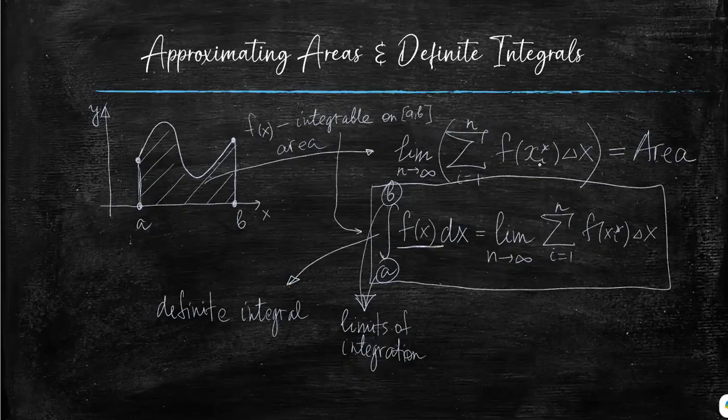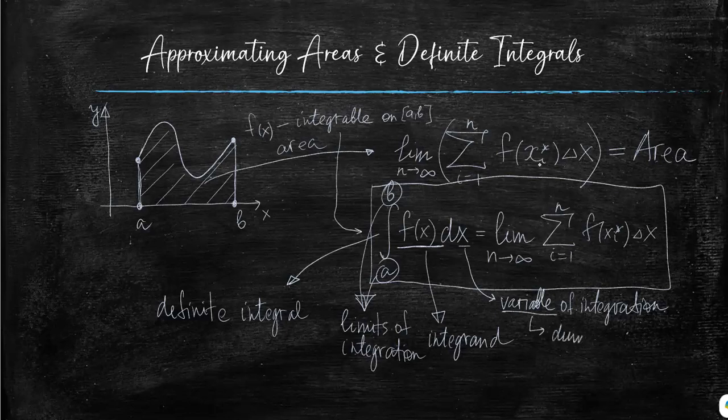Everything in between the integral symbol and dx is called the integrand. And this is the variable of integration. Technically, it's not really a variable, it's just a placeholder. So sometimes it's referred to as a dummy variable, because the area under the graph of the function would be the same regardless of which letter you used.